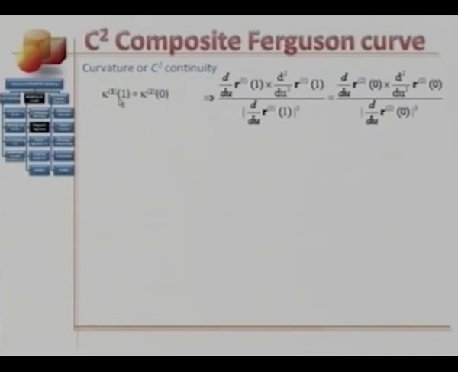We know that curvature is given by r dot crossed with r double dot over r dot the whole cube. For the first segment, the curvature is dr over du crossed with d2r over du squared, both evaluated at the parameter value 1, over mod of dr over du the whole cube.